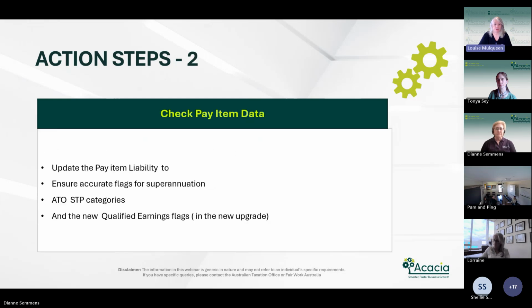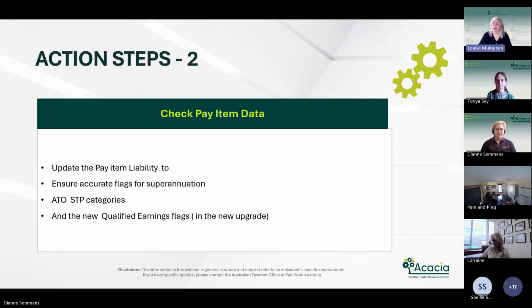So on the program, what we're wanting you to do is check the pay items themselves. So updating the pay item liabilities area, which is the same area that we were talking about for the qualified earnings, making sure that, you know, is overtime superannuationable or not? Are certain allowances subject to superannuation? All of those.